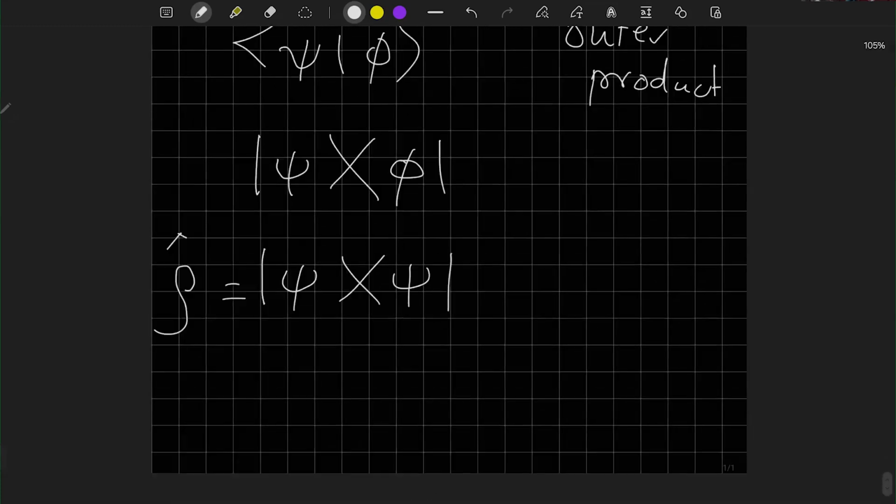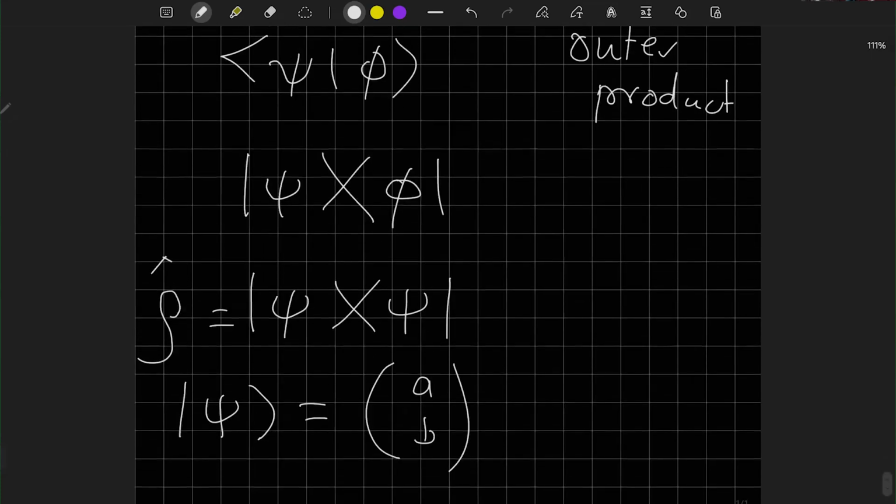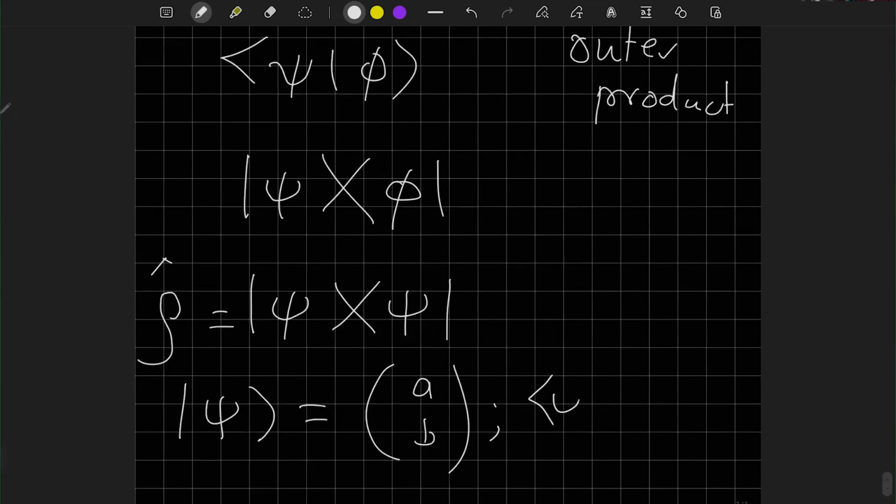Let's see what this physically means. Suppose I have a pure quantum state (A, B), where A and B are complex numbers. The corresponding bra would be the row vector (A star, B star).